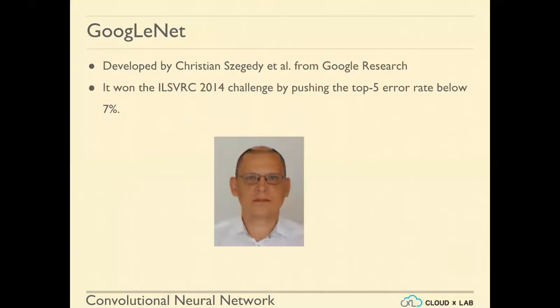Now the one that won the 2014 challenge was by Google, by a person named Christian Szegedy, and the name of the neural network was GoogleNet. So it sounds like a study of history rather than computing, but this is quite useful history, right?